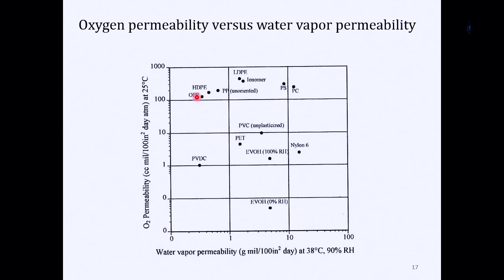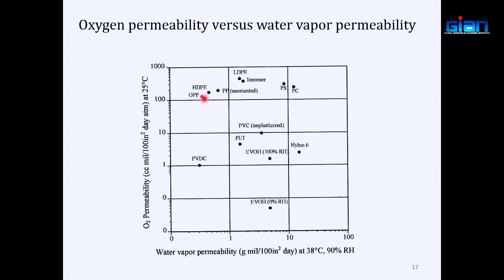So this figure is showing you the overall water vapor permeability and oxygen permeability. As you can see, this polymer has the lowest oxygen permeability, but its water vapor permeability is higher than many other polymers, simply because it is a hydrophilic polymer.